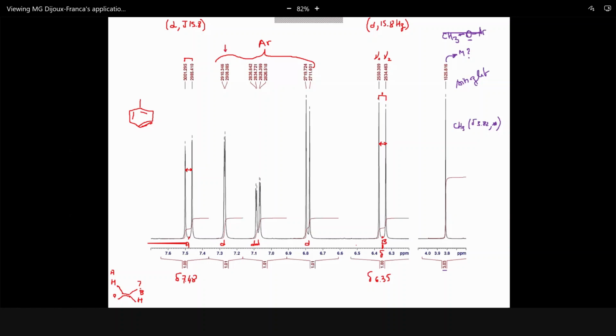Here, if I calculate the coupling constant, I found here I have 1.9. And if I calculate, I will find the same value here and the same value here.